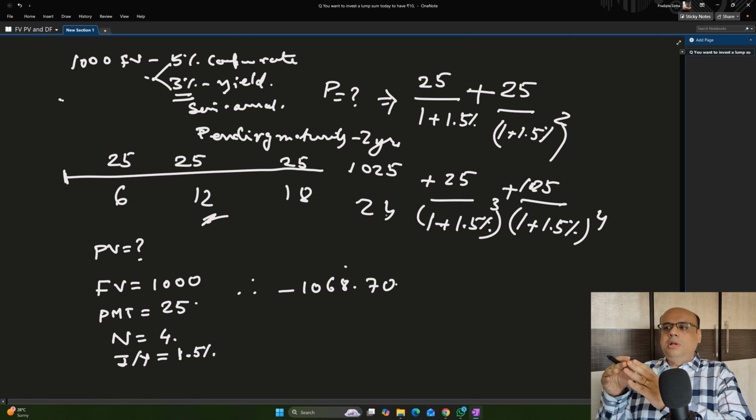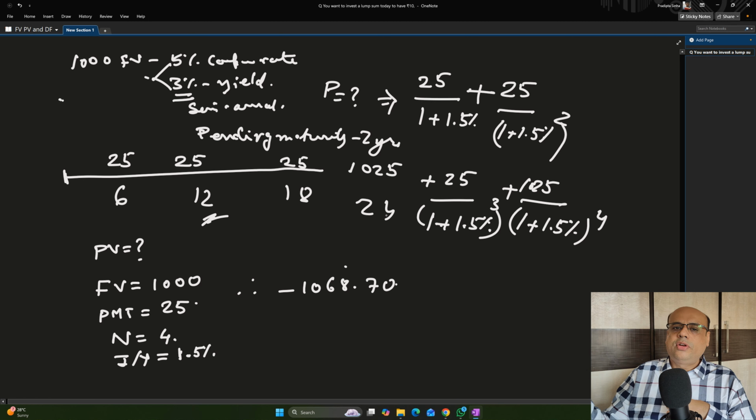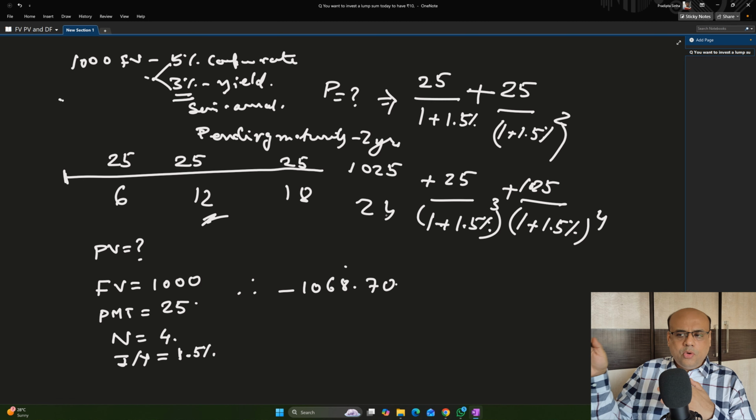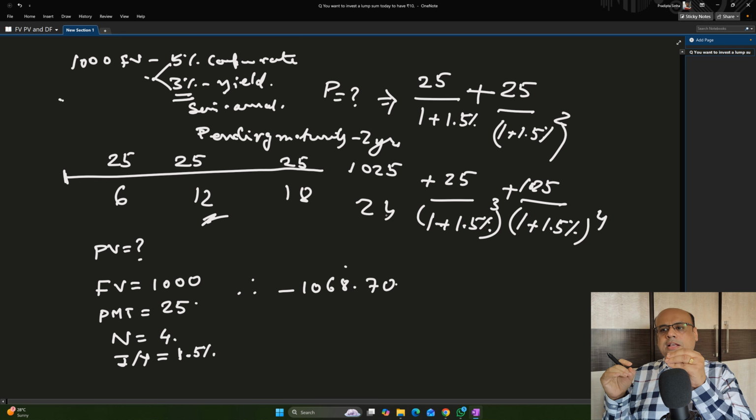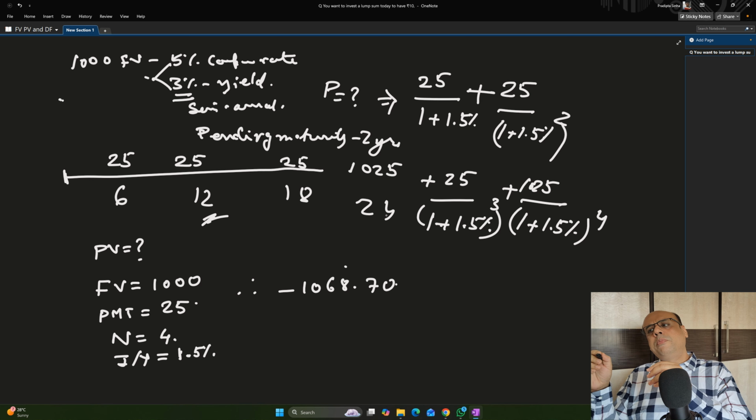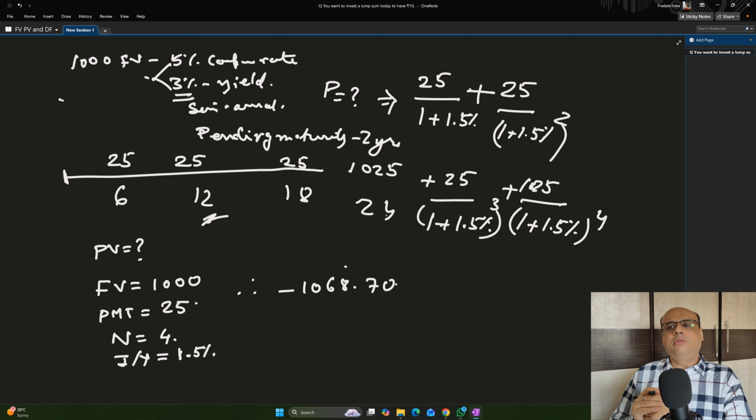Because what we are effectively doing is, if I am getting 25 after 6 months, what is its value today? 25 by 1 plus 1.5%, no? Just take it the other way. Had I had X rupees today, so X into 1 plus 1.5% is 25, no? We are just doing the reverse.